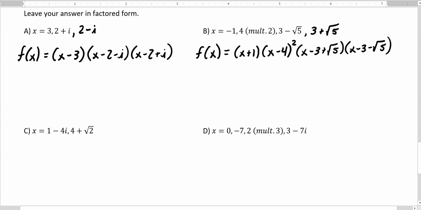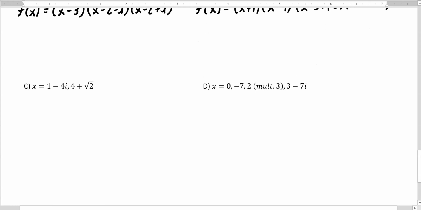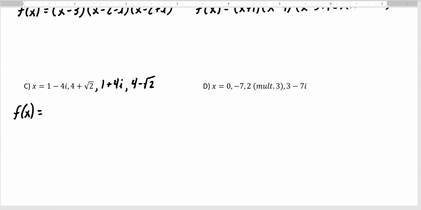All right, look here. So x equals 1 minus 4i. Well, if it's 1 minus 4i, a 0 must also be 1 plus 4i. And then our other one is 4 plus the square root of 2, so its conjugate pair, 4 minus the square root of 2, must also be a 0. So this one has 4 factors, right? So let's create what those factors are. So we'd say f of x equals x minus 1 plus 4i.